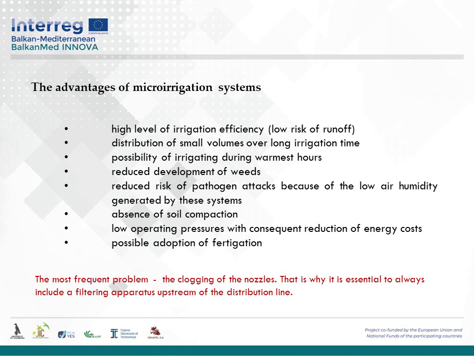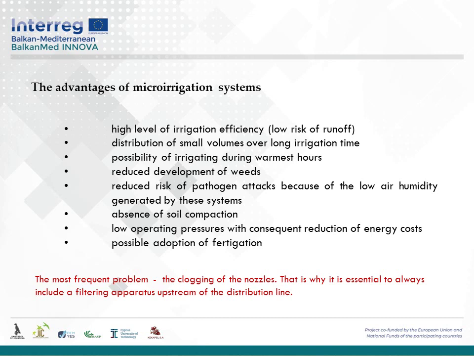And when the micro irrigation system is followed with mulching of the soil, then the evaporation from the soil becomes almost non-significant.